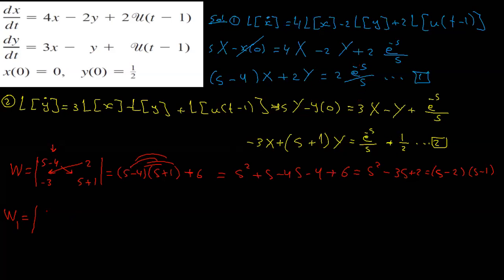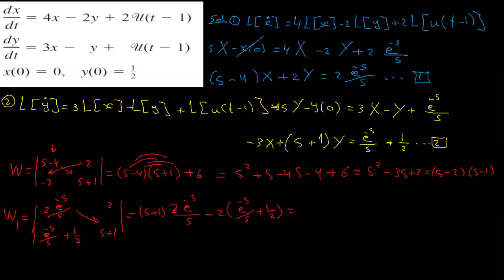So I'm going to write them, 2e to the negative s divided by s, and here also I have e to the negative s divided by s plus half, and leave this 2 and s plus 1 equal this by this. So it is s plus 1 times 2e to the negative s over s, minus 2 times those, which is e to the negative s divided by s plus half.